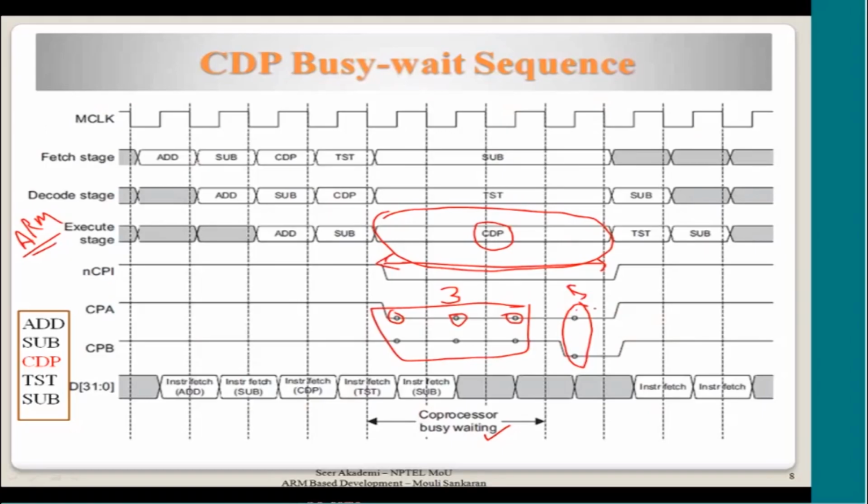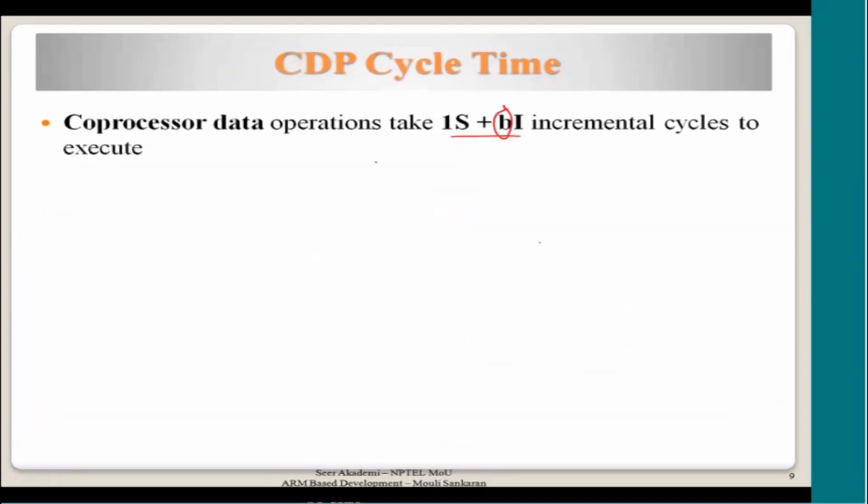Though the coprocessor has brought it low at this moment, ARM cannot execute the next instruction immediately, right? It can execute only here. So one sequential cycle goes off, and then 3 busy wait cycles are happening here. So the number of busy waits, that many cycles, and one internal cycle is what I am showing. One sequential cycle and the number of busy wait internal cycles are wasted.